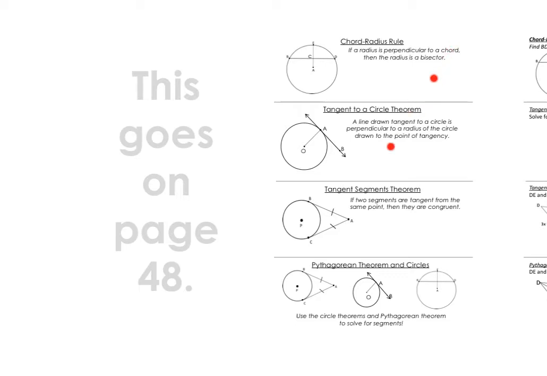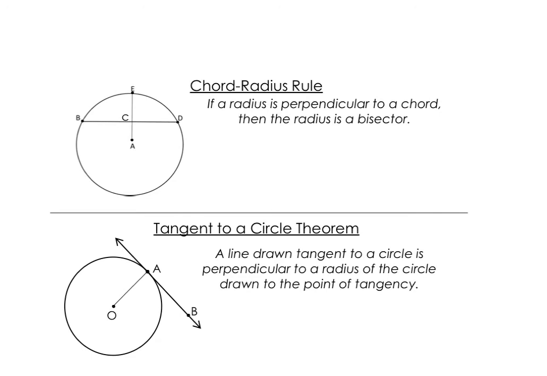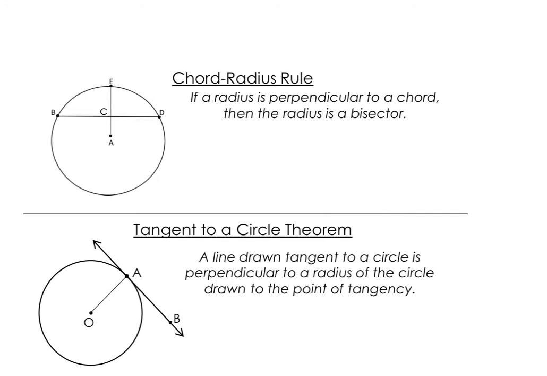All right, so the first rule or theorem we're going to talk about is called the chord radius rule. And the chord radius rule states that if the radius, which is EA in this picture, is perpendicular to a chord, which is BD in this picture, then it means the radius is a bisector.